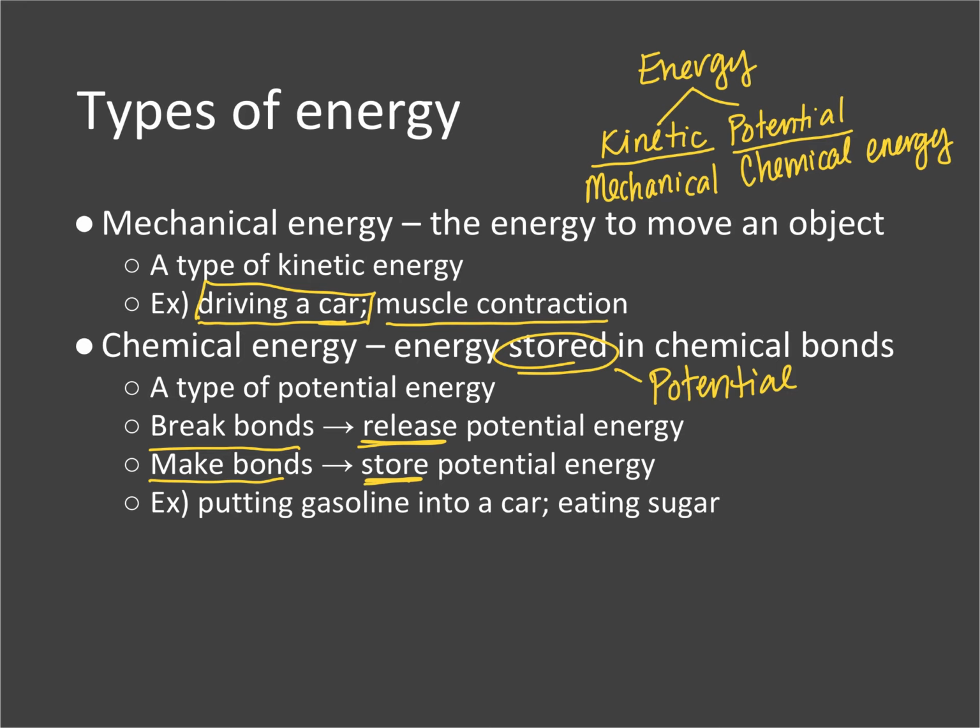And so for your car, the chemical energy is actually stored in molecules of gasoline. Gasoline is just an organic compound. And it's made up of a whole bunch of carbons bonded together with hydrogens.